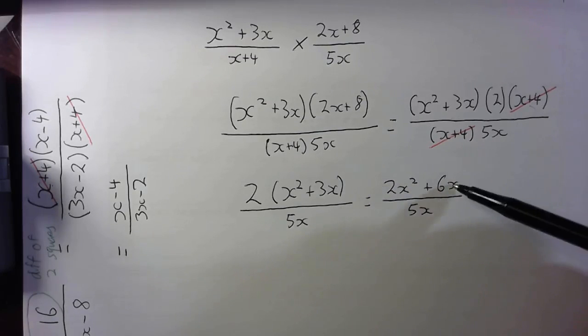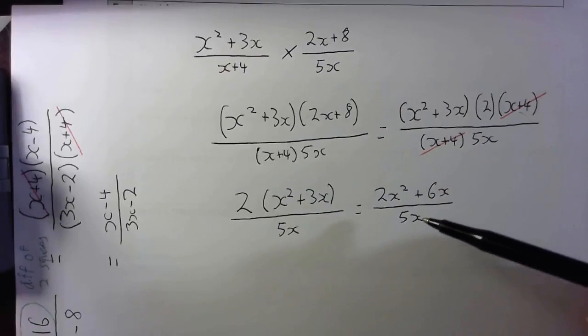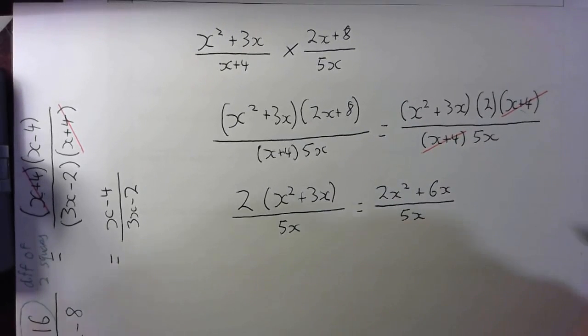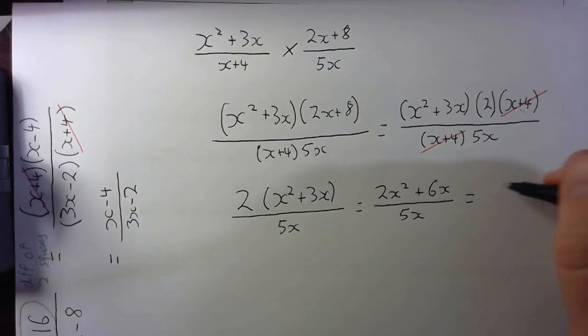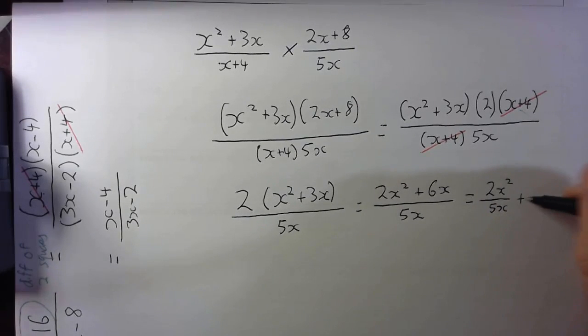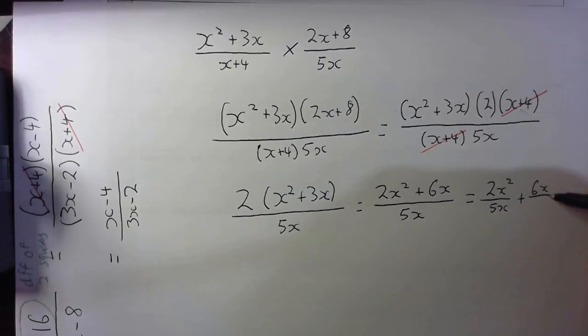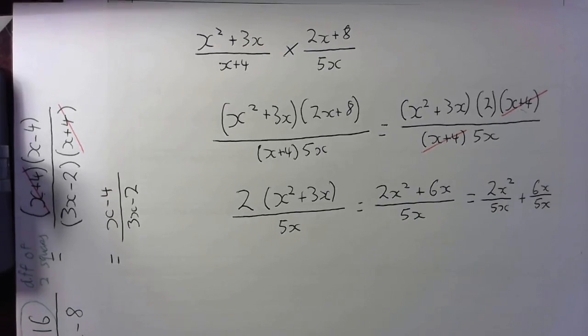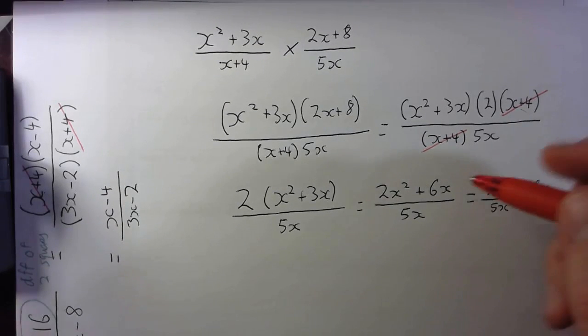and that's because each of these terms is divided by 5x. So I could rewrite this as 2x squared over 5x plus 6x over 5x. The only reason why I'm doing that is it's easier to see that I can just make the cancellation here.